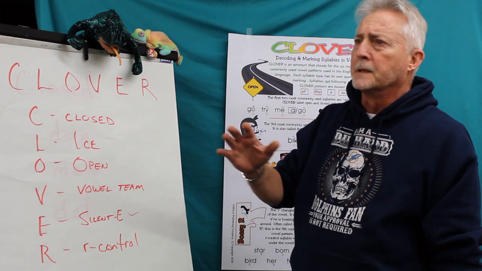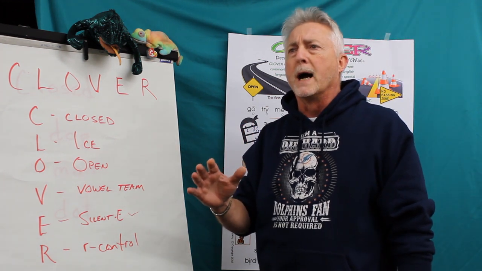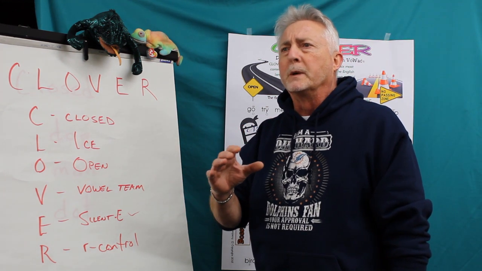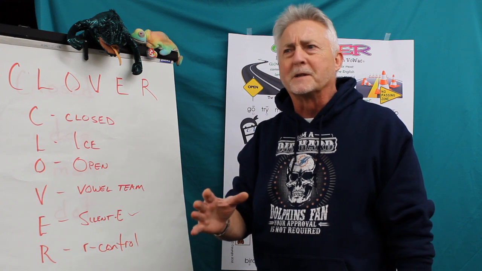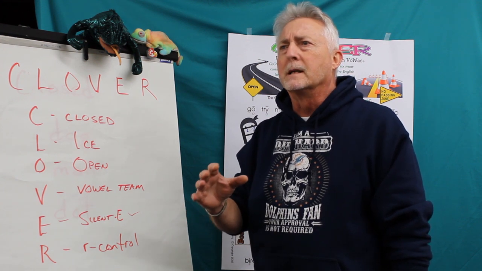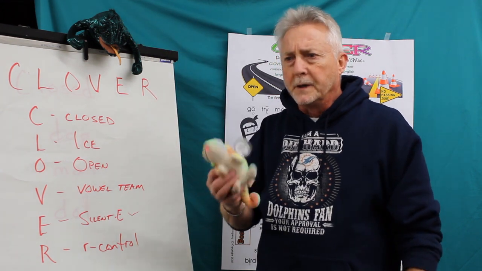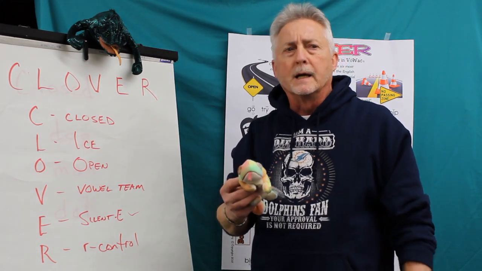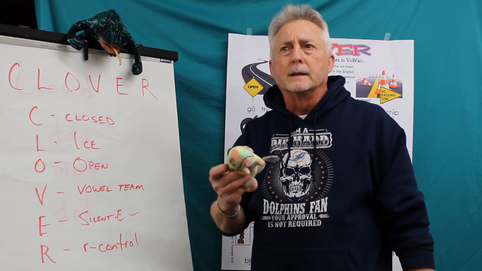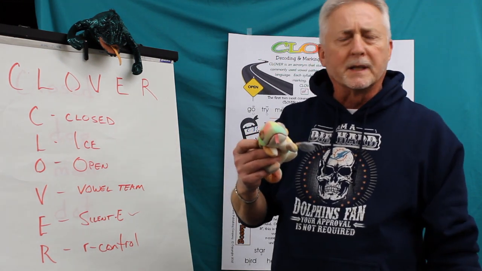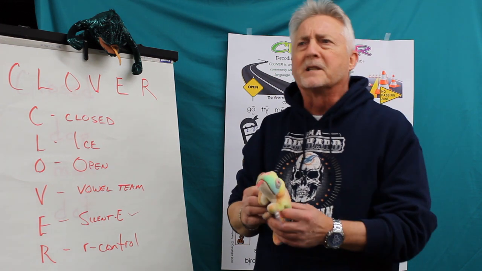One of the things that we deal with in VoWac, and what we tell teachers, what I tell students, is that this decoding process is kind of like a chameleon. What's unique about a chameleon is that it changes color according to its surroundings, its environment.